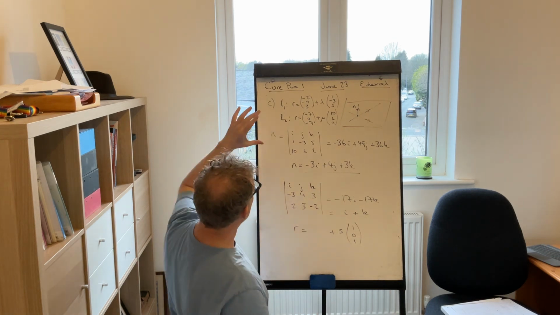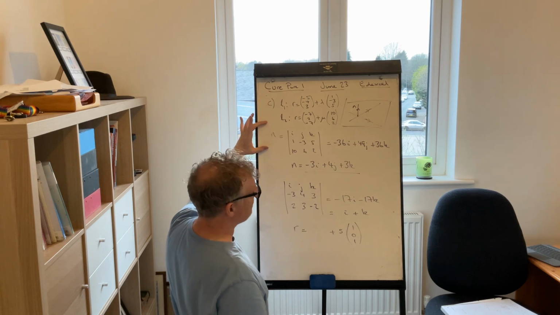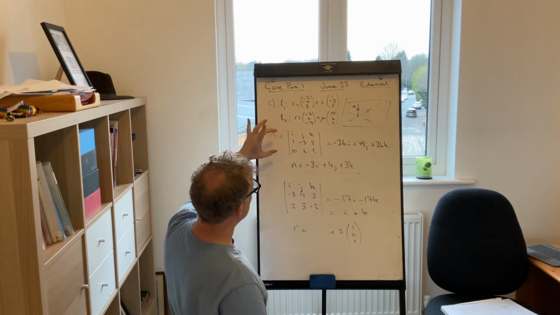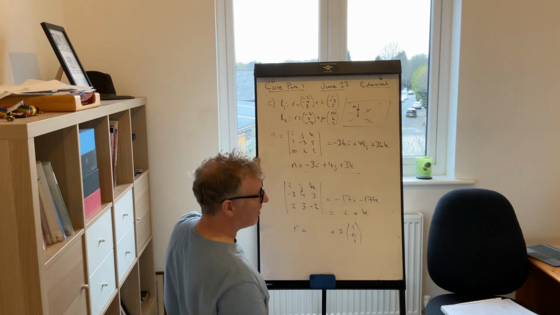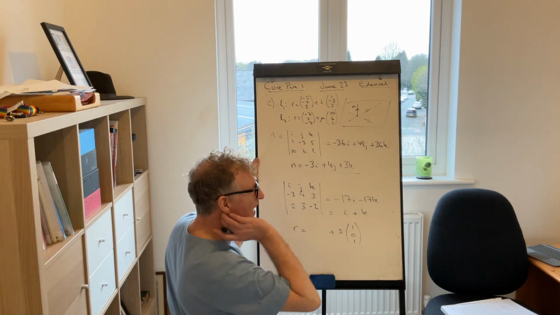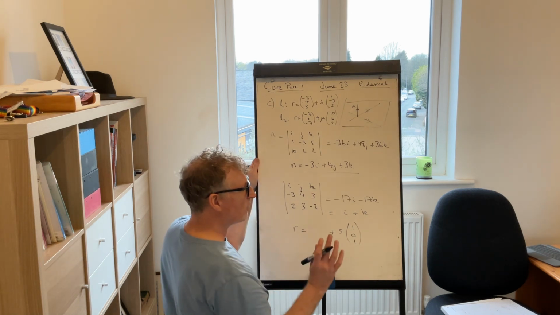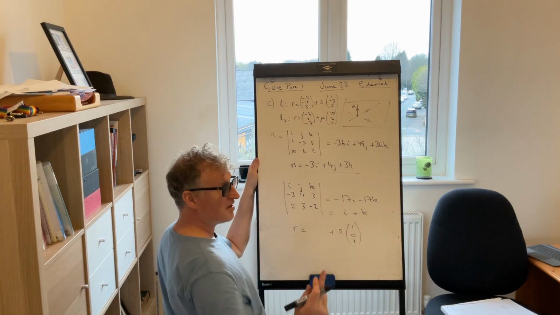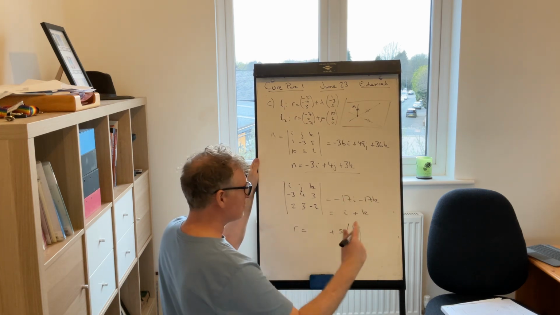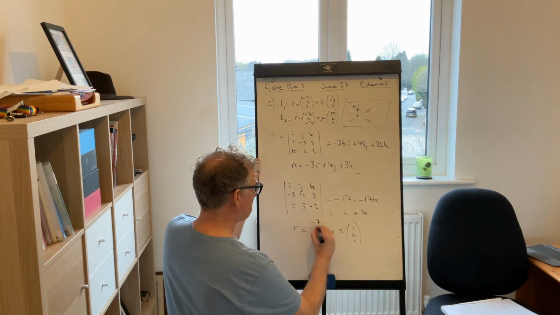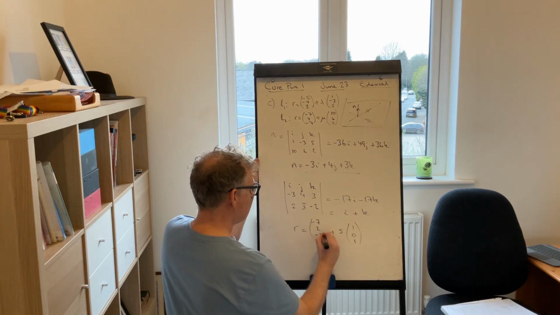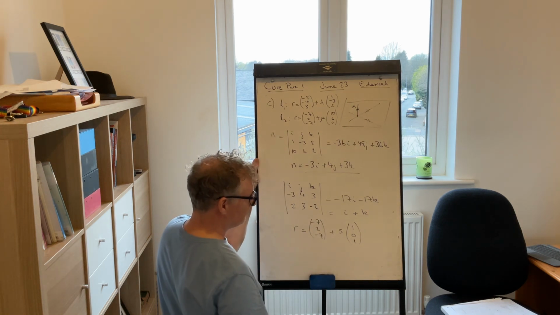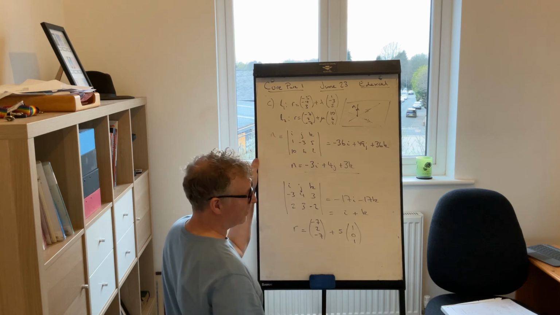Well, we found the point of intersection for L1 in the plane pi 1, that minus 7, 2, minus 7, must be on the line of intersection of the two planes. So we're just going to use that. There we go. Point on the line, directional part of the line. There's your equation.